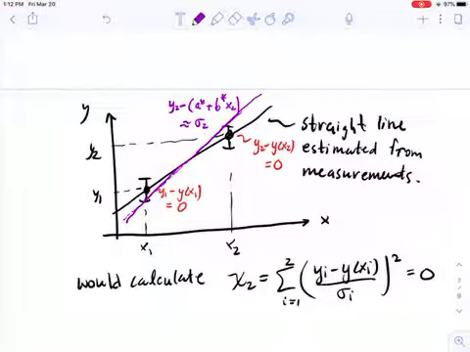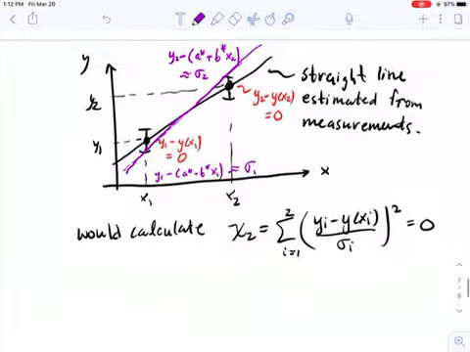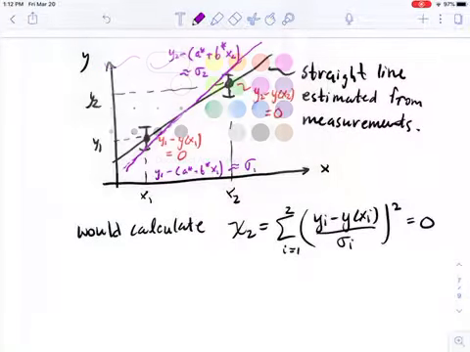And over here, if we calculated the deviation with our first point, we would get y1 minus the true intercept plus the true slope times x1, and that would give us about sigma 1, so that, well, let's keep it purple.